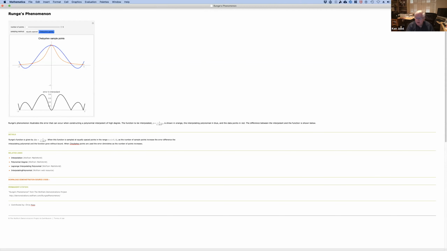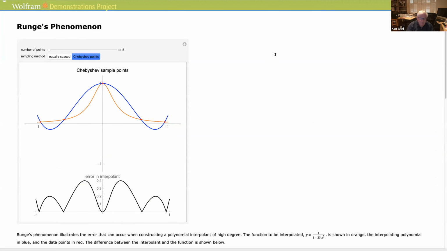And what we find is that now in this CDF file, I can also do the Chebyshev points. Here you see the Chebyshev zeros, five Chebyshev zeros, and they're going to be located differently.